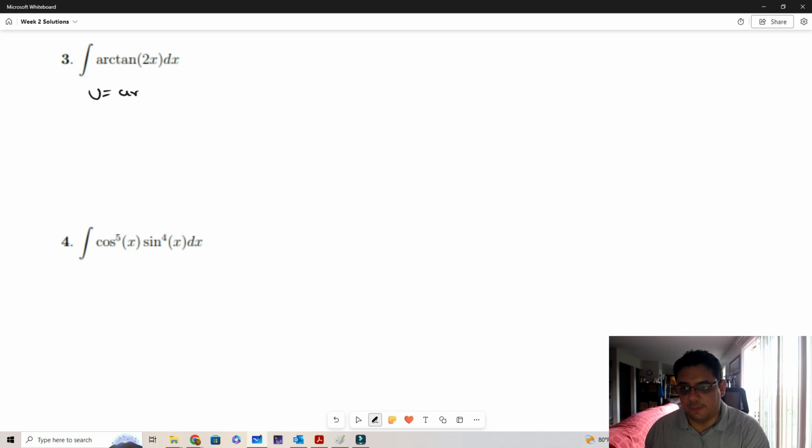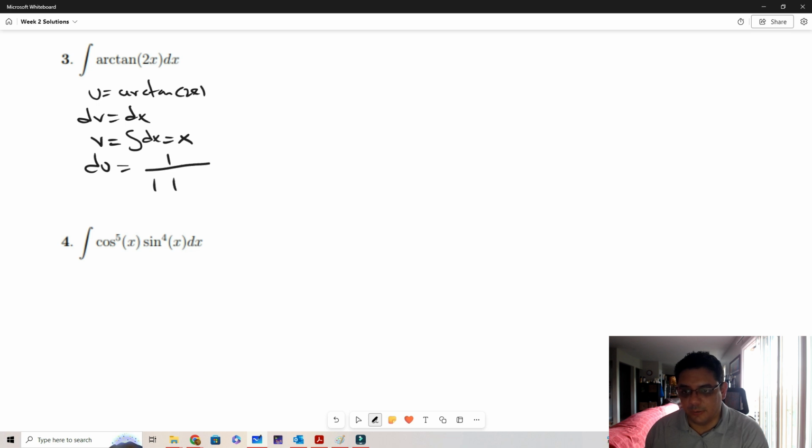So if we use u as arctangent of 2x, then dv can be thought of as dx, and so that means that v is just going to be the integral of dx, which is x, and du, the derivative of arctangent, is going to be 1 over 1 plus 2x squared.